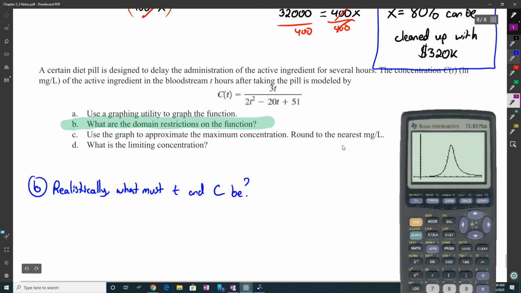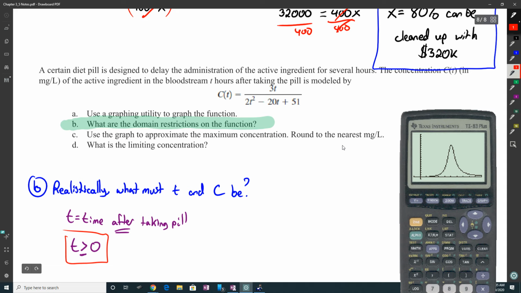And what I mean by that is t is equal to time after taking the pill. So that means that t must be greater than 0. I guess equal to, because right when you take it. But so that's why we just did the right side.